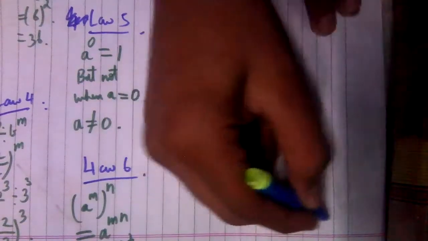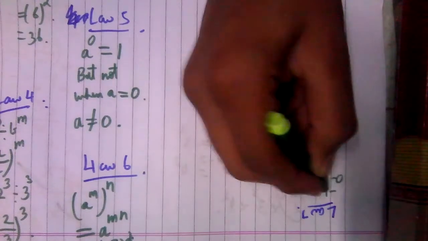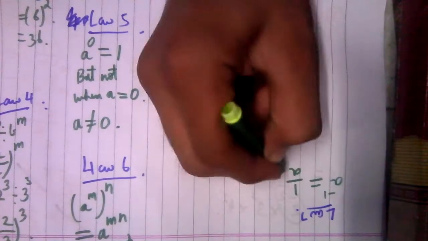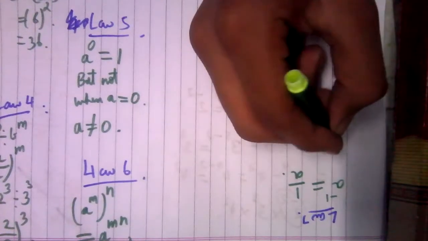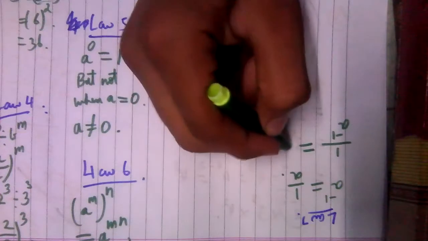Now let's come to law 7. Law 7 states that a to the power of minus 1 will be equal to 1 by a, and 1 by a to the power of minus 1 will be equal to a.